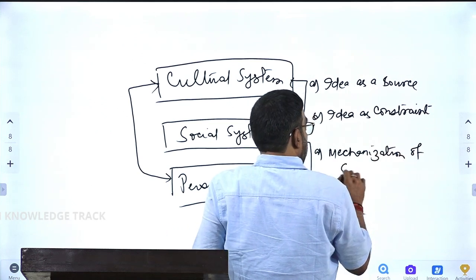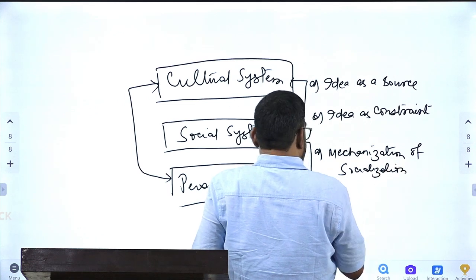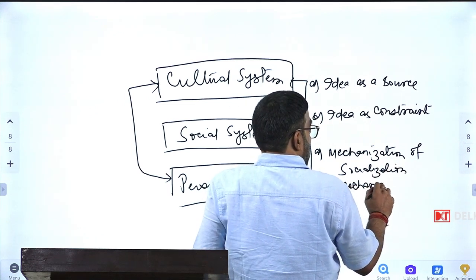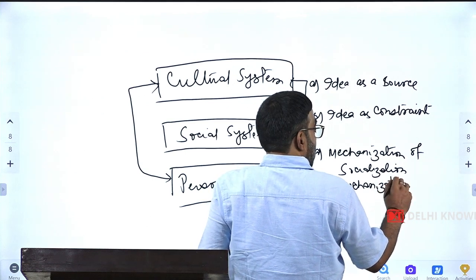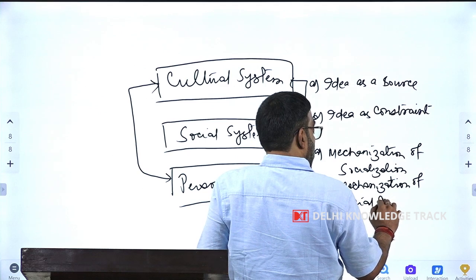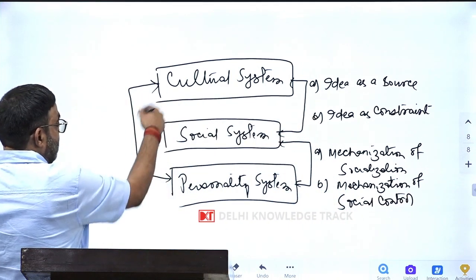Mechanization of socialization, and B, mechanization of social control. And now what is the link between cultural and personality system?